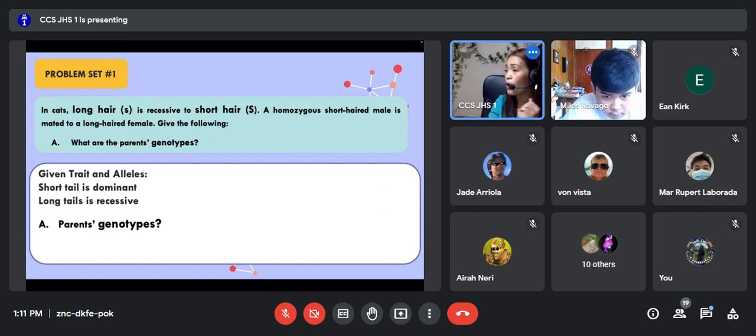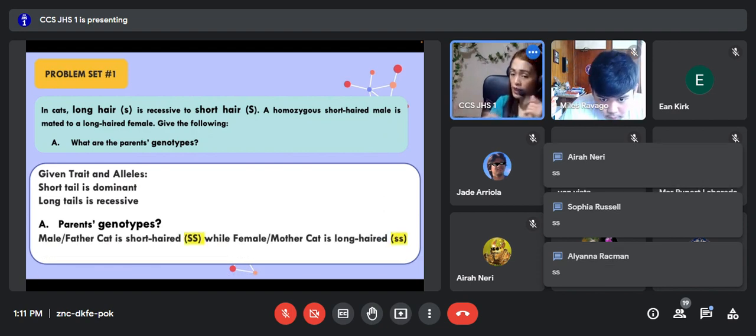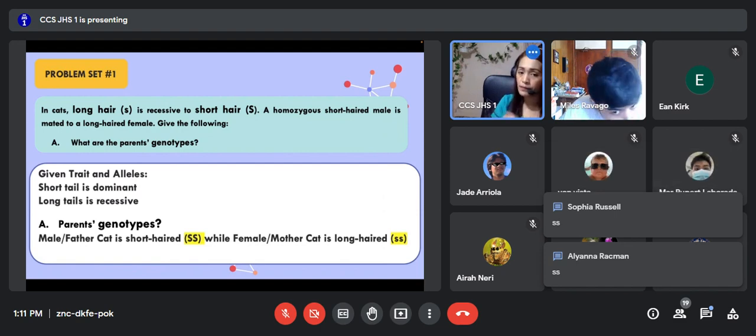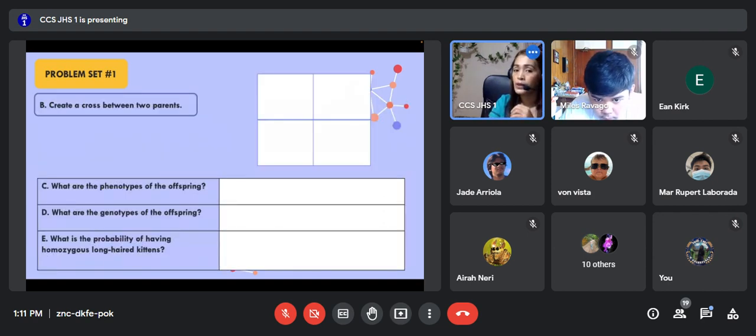All capital S or all small s? Very good. So just be careful with the capitalization. So father cat, capital S, capital S. Mother cat, small s, small s. So here we have the father, the male cat, and the mother cat.